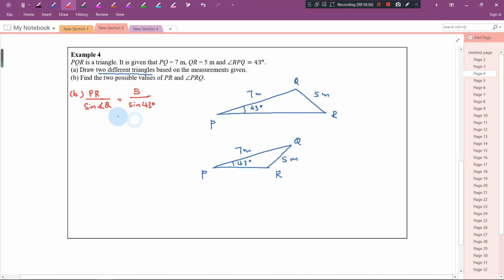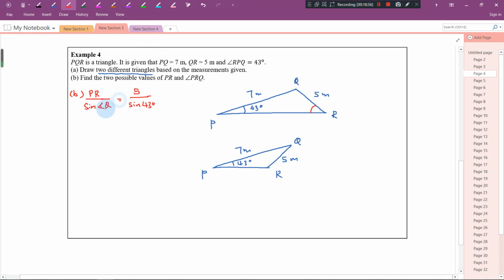But now we have a problem. We don't have the angle Q, so we cannot proceed here. In order to get the angle Q, we can get the angle R first. Once we get the angle R, we take 180 minus these two, then we will be able to get angle Q, right? So how about we find R first?